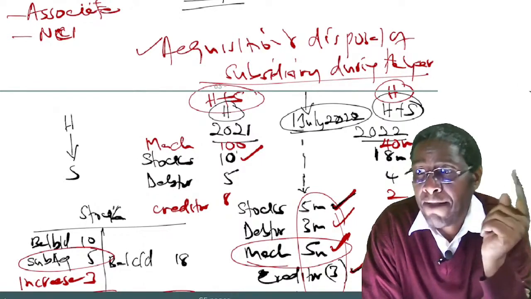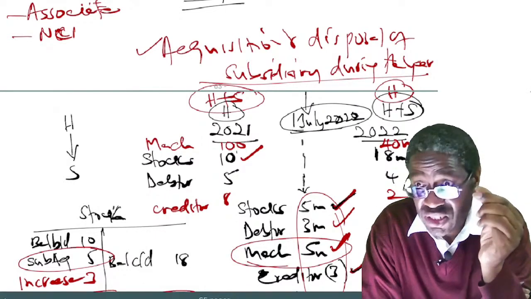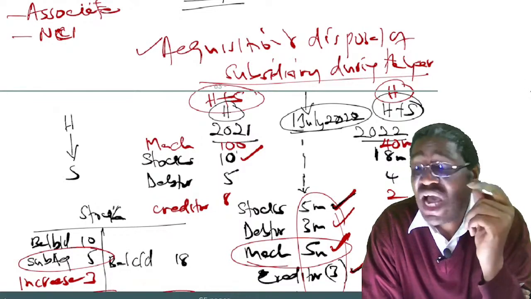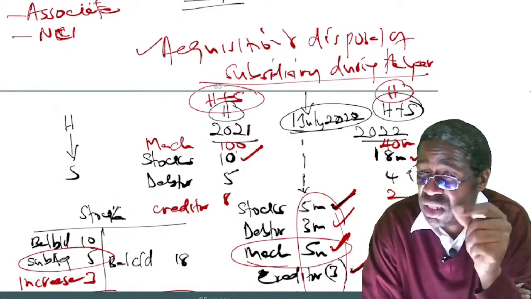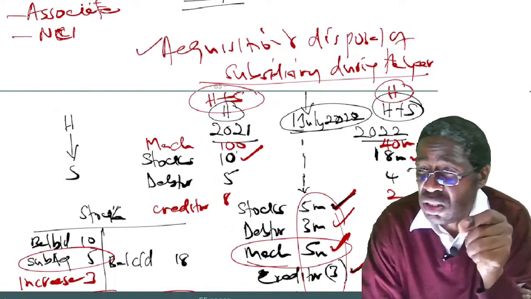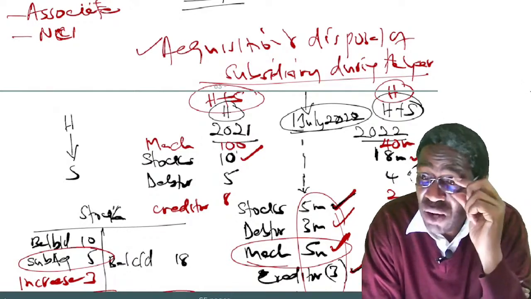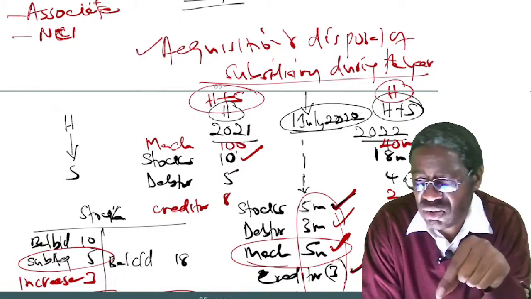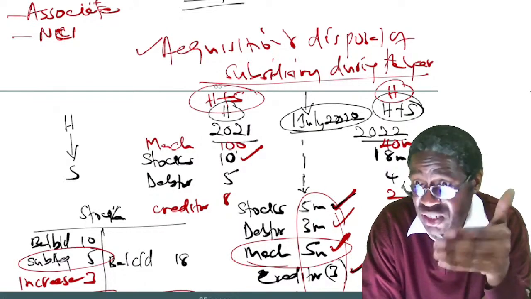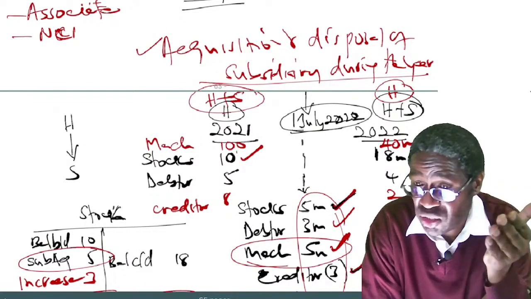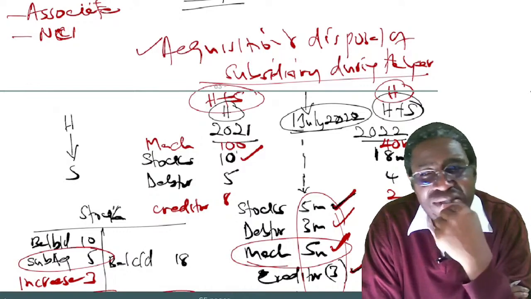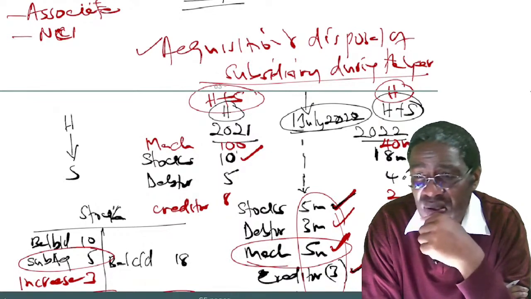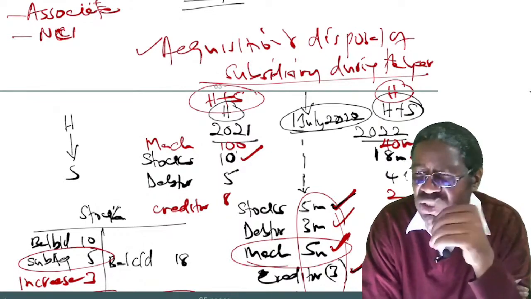For instance, put down this: the amount of debtors of the subsidiary company at the date of acquisition should be debited in the debtors account.